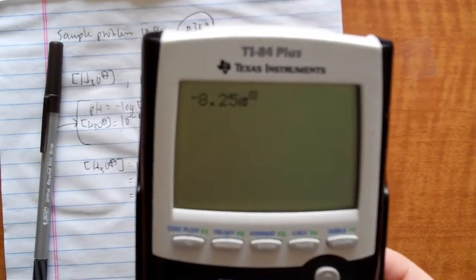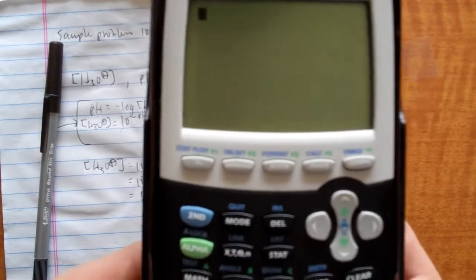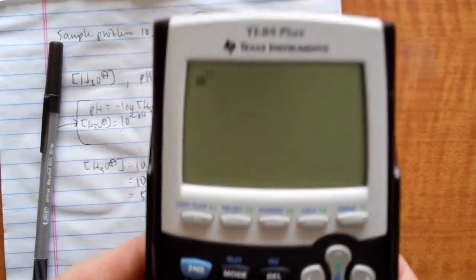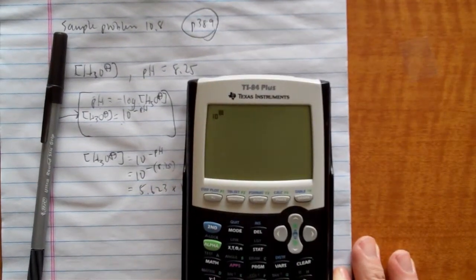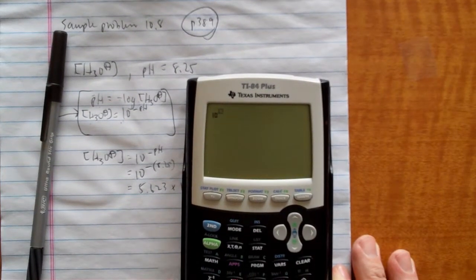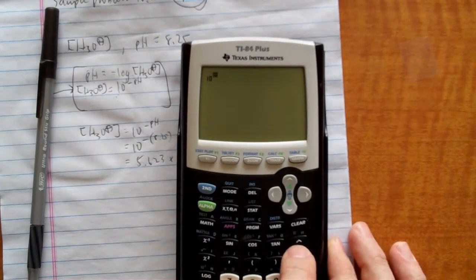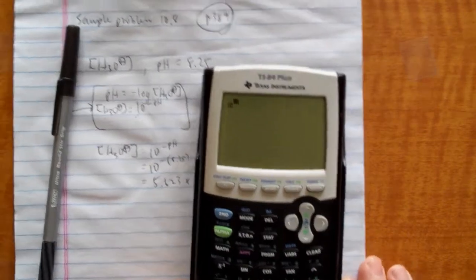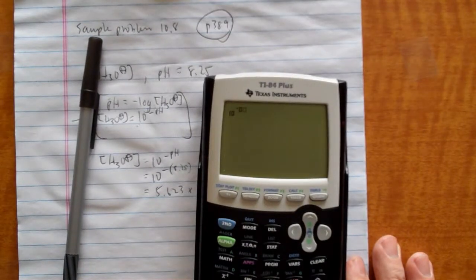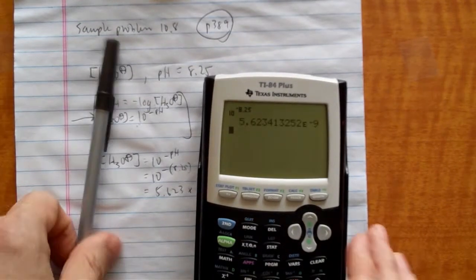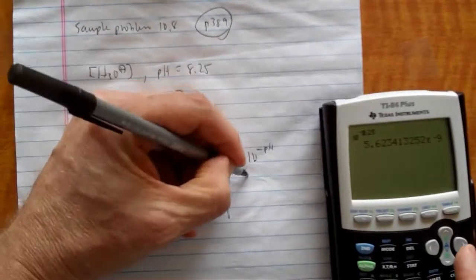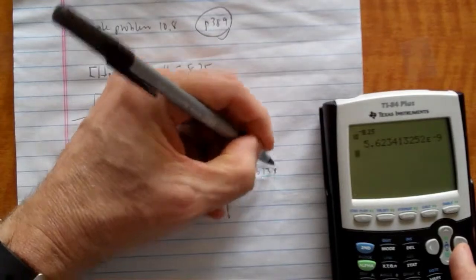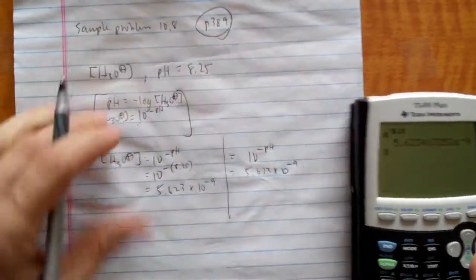That button will give me 10 to the x. Oh, you know what? It ends up being the same thing. I'm sorry, I'm not familiar with this calculator. So if I press those two buttons or use the exponent button, minus 8.25, enter, it still gives me 5.623 times 10 to the negative 9.